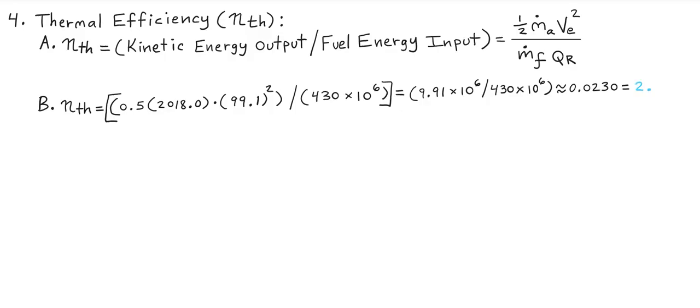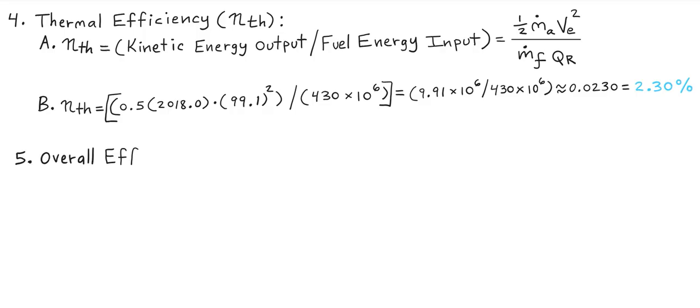We start out initially with the eta sub TH, or thermal efficiency equation. So this then yields a thermal efficiency of 2.30% for number 4.